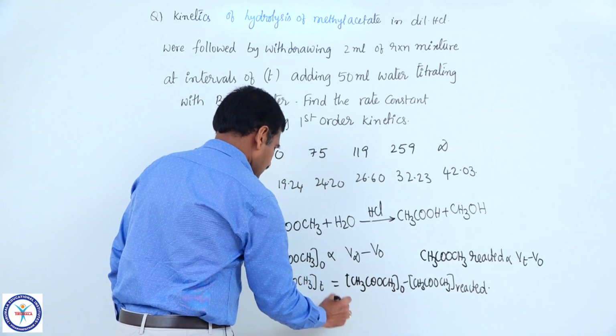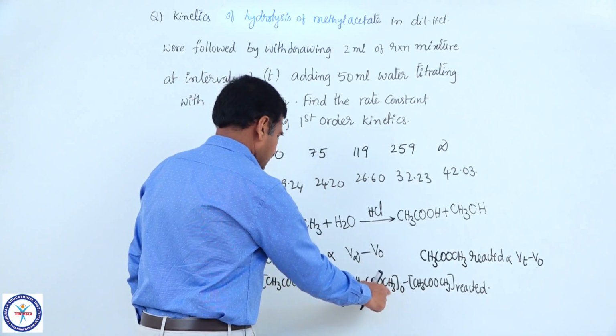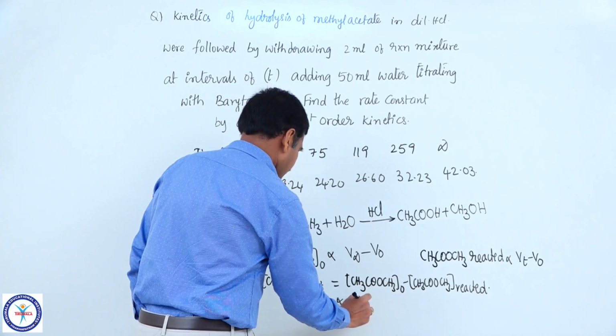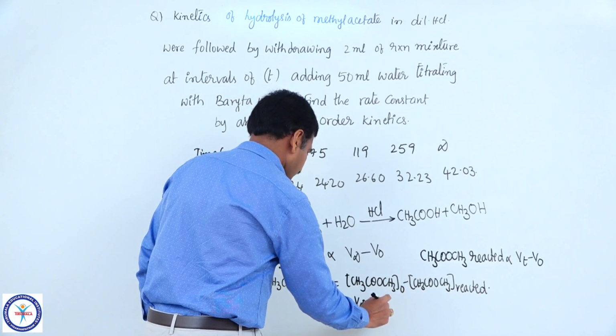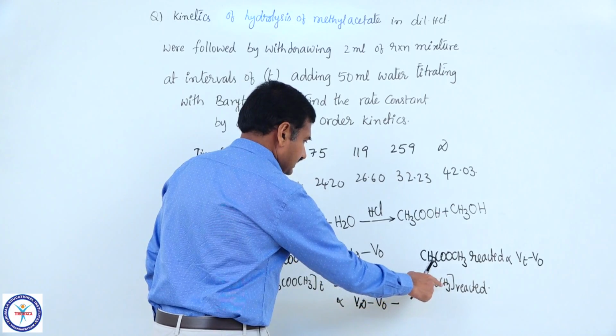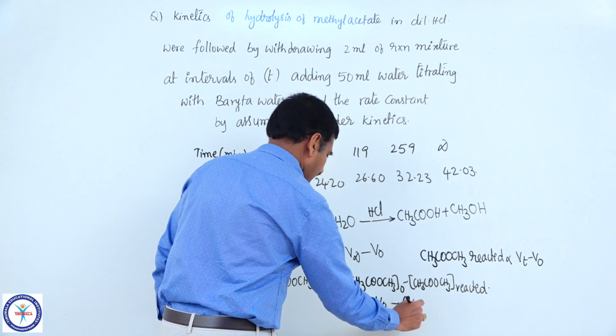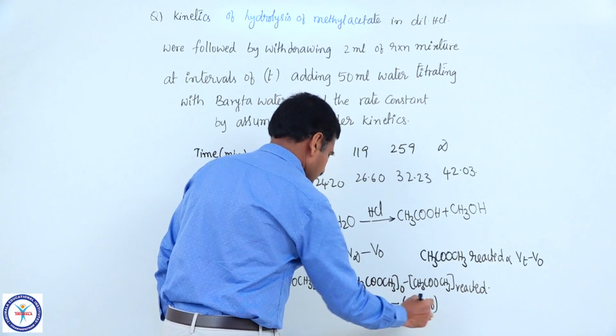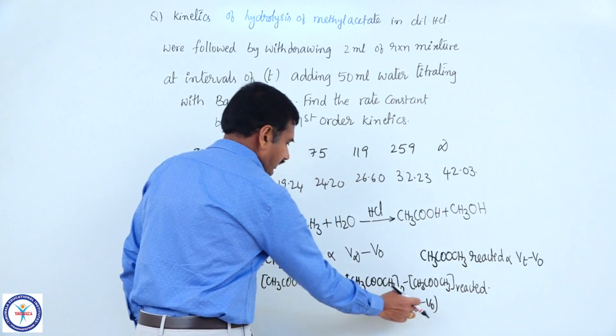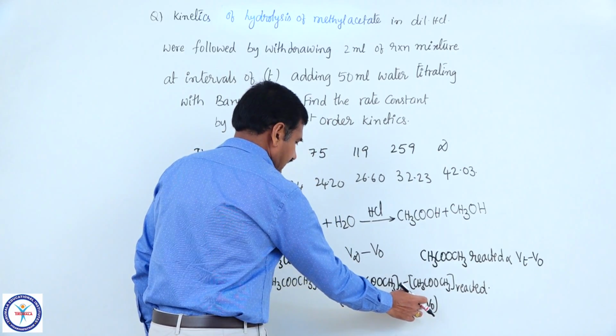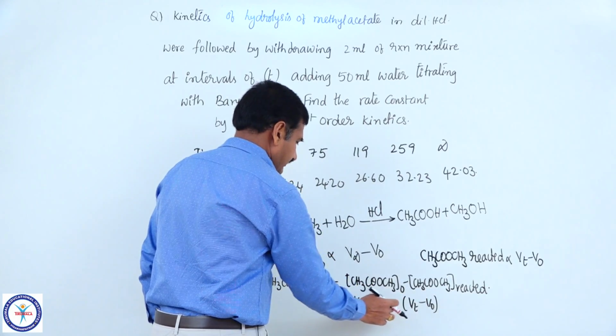So, this is proportional to initial methyl acetate, V infinity minus V naught, minus methyl acetate reacted, proportional to Vt minus V naught. Minus of minus plus V naught will be cancelled, that is V infinity minus Vt.